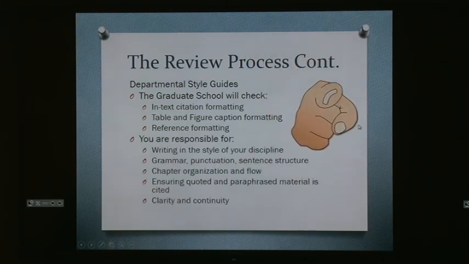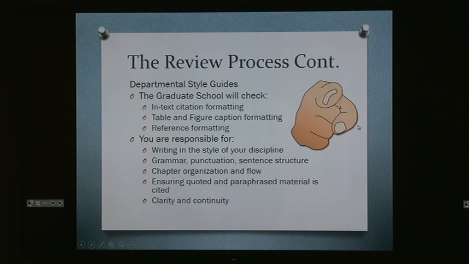You are responsible for writing in the style of your discipline. You're responsible for grammar, punctuation, and sentence structure. You are responsible for chapter organization and flow, you and your committee. And also ensuring quoted and paraphrased material is cited. That's what the Turnitin report can help you make sure you got done correctly.